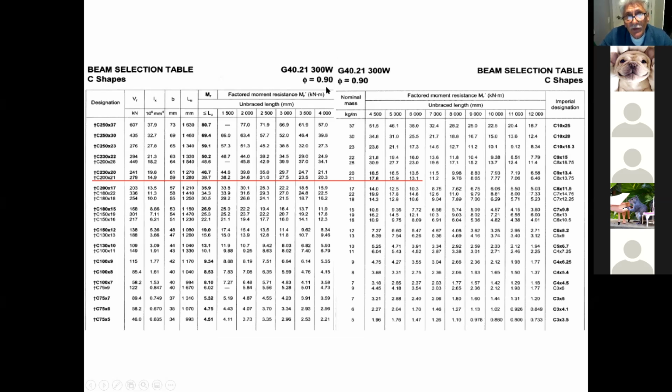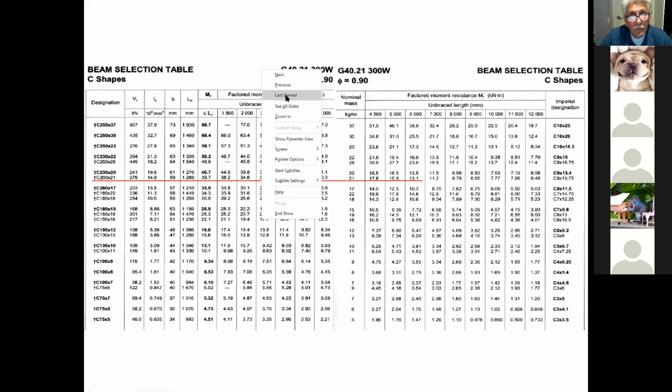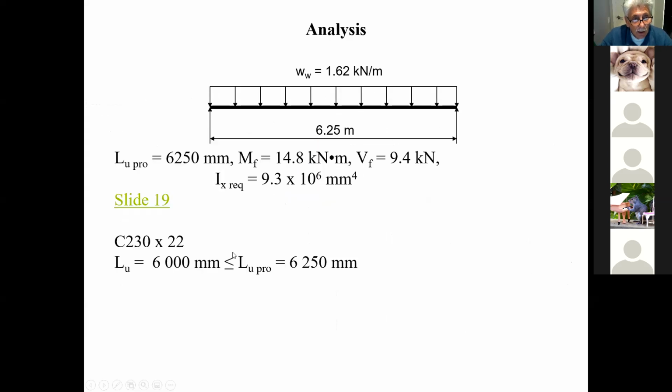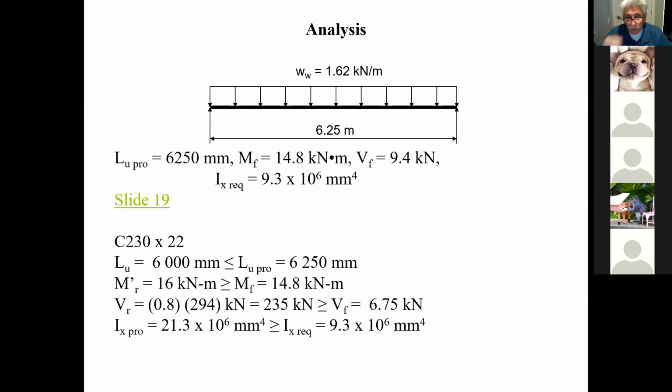They don't have to be the 350 because this table is based on that. So on your drawing, you should specify all shapes to be ASTM 992 for all W shapes, and for all C shapes it could be G40.21 300W. It's a weaker steel. And believe it or not, that's it for the girt design, guys.